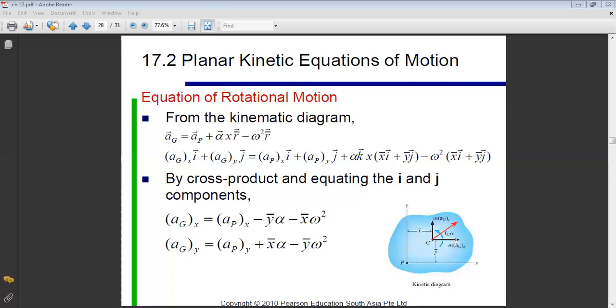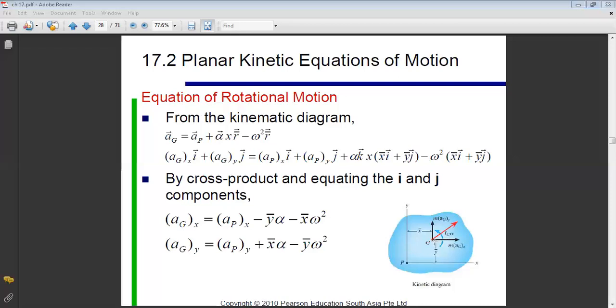What is the couple? When I reduce my system at G, the couple will be equal to the sum of moments about G. Because you know, when you take a force from one point to the other, you should add what? To have an equivalent system, you should add the moment about this point. And we know that the sum of moments about G is IG alpha.